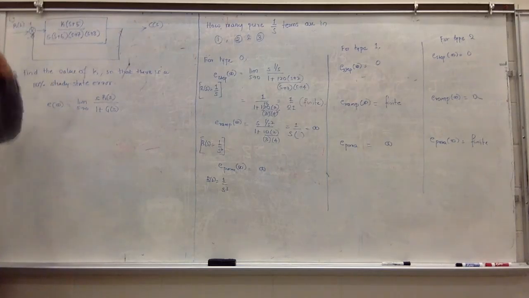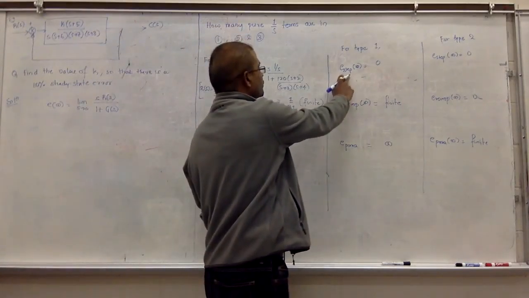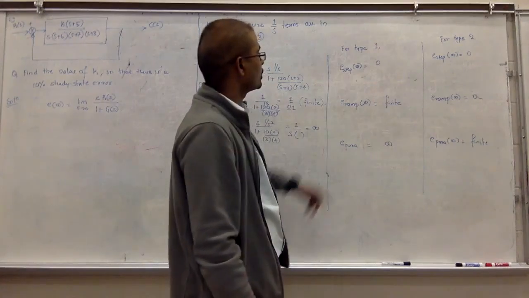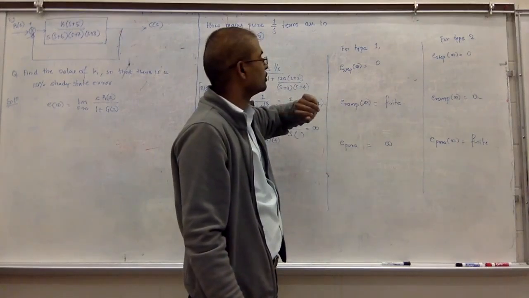What type of system is this? Look at that table. Is it a type 0, type 1 or type 2? Go back to your notes. It's a type 1 system, right? So it cannot be a step input, because the steady state error for a step input in a type 1 system is 0, right?